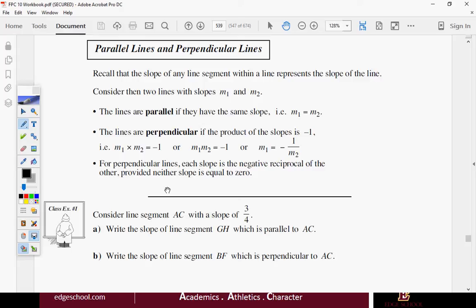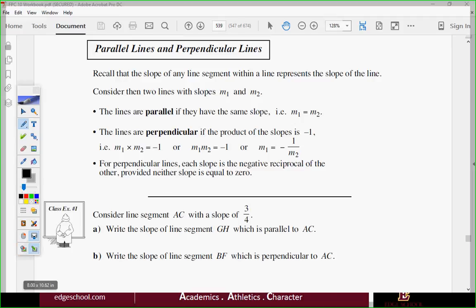Okay, so recall the slope of any line segment within a line repeats the slope of the line. Consider two lines with slopes M1 and M2. Therefore, if the lines are parallel, then they have to equal each other. If they're perpendicular, the product of the slopes has to be -1. So it's a little bit weird, but if I said 2/3, what would be perpendicular to 2/3?